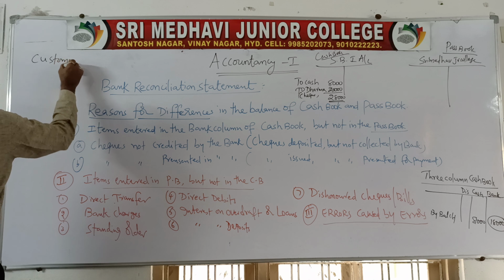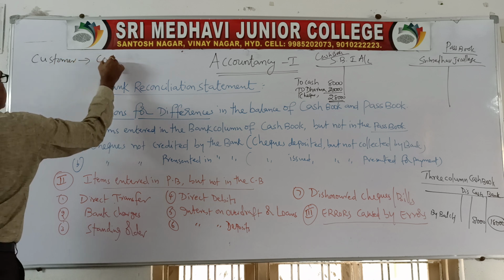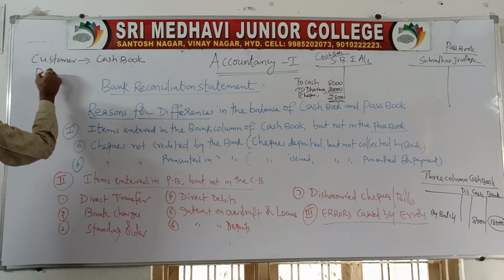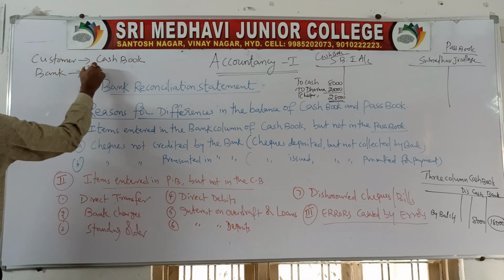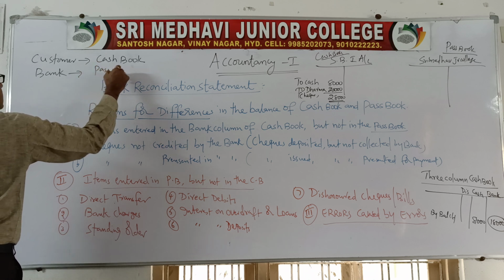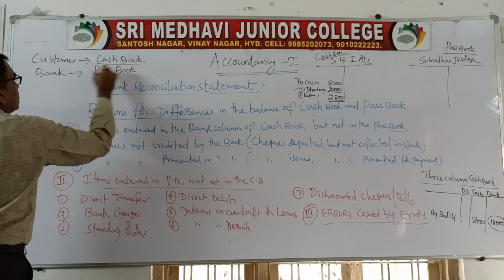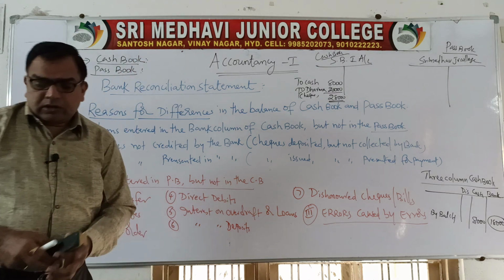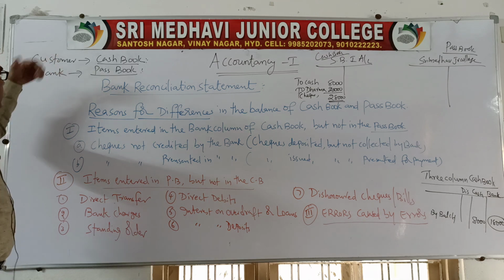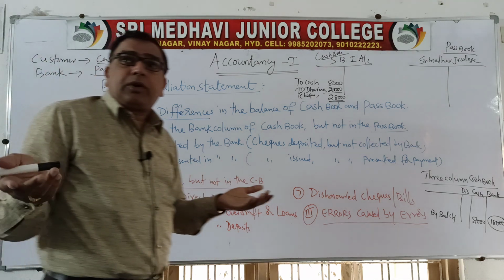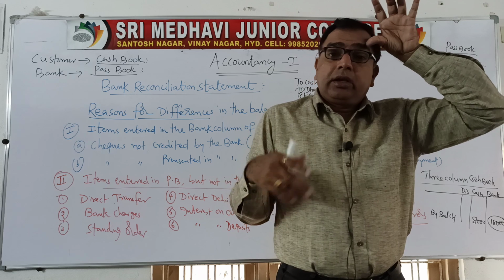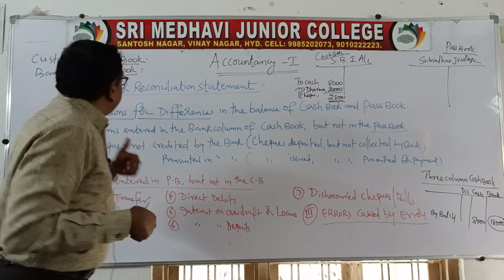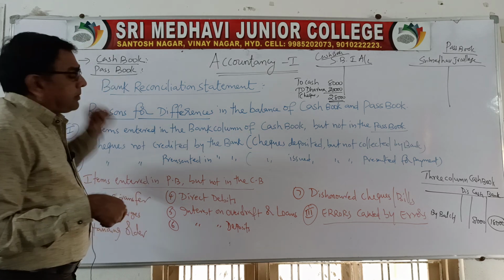Any bank customer will record all his transactions in the cash book. On the name of the customer, the bank prepares a passbook. Clear? Customer means we. Whenever any transaction is done, like cash is deposited or withdrawn from the bank, we record it in the cash book, and on our name, the bank prepares a passbook.